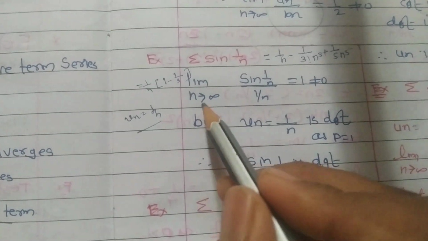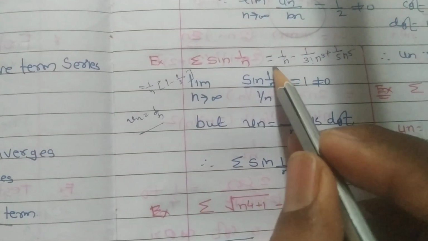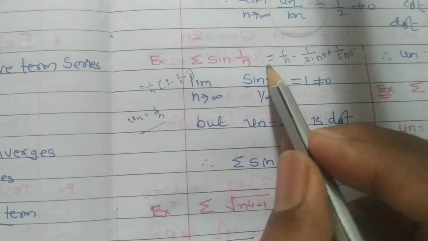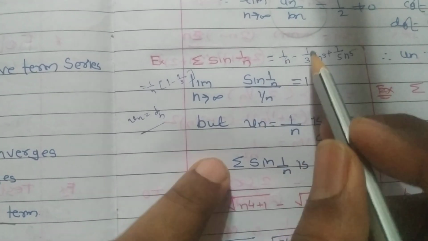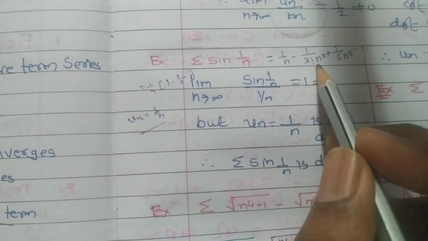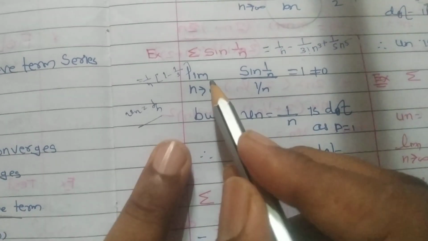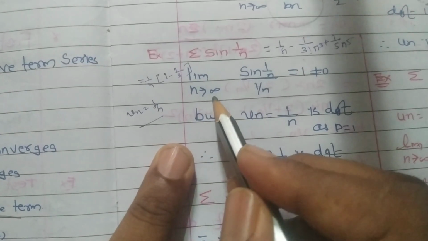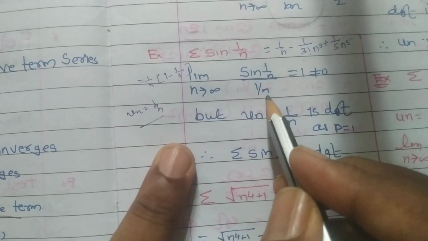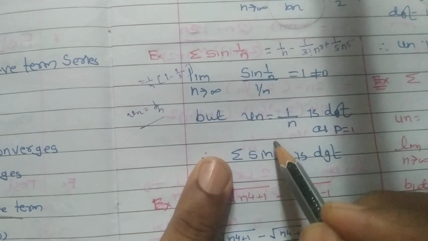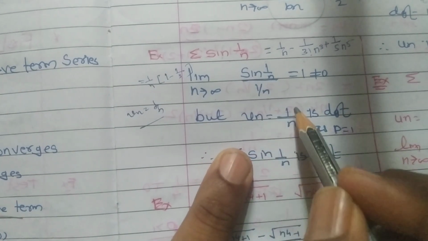Now summation sine of 1 upon n. We can write sine of 1 upon n as 1 upon n minus 1 upon 3 factorial n cube plus 1 upon 5 factorial n to the fifth, and so on. We take the limit of sine 1 upon n upon 1 upon n, with vn equal to 1 upon n.